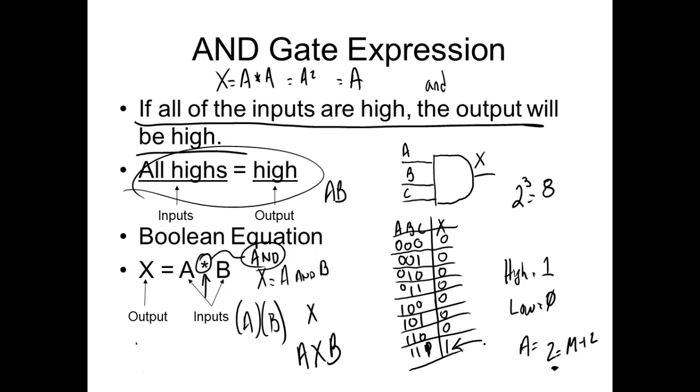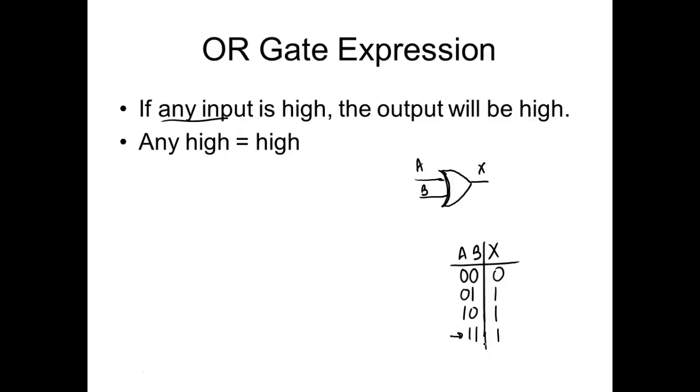On an OR gate, it's not true. We'll talk about that later on when we get into negative logic. But if we look, when we say any high, notice we've got 3 input combinations that gave us that high, right? So this is not an all. This is an any, because it's not a unique combination, right? You understand what I'm saying?